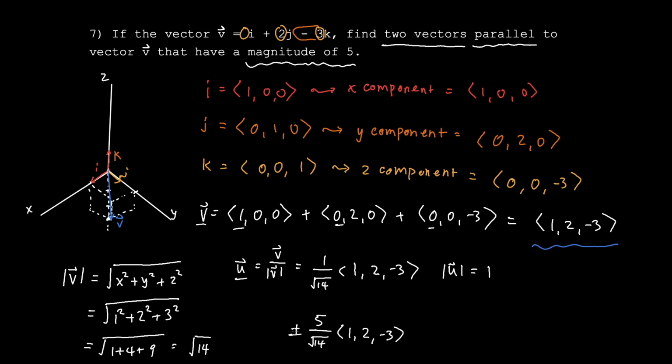So by putting the plus or minus sign, we're saying that the vector 5 over the square root of 14 times the vector 1, 2, negative 3 is parallel to the vector 1, 2, negative 3. Notice that the answer and the original vector have the same direction, only one is multiplied by a scalar, and that is what makes it parallel to the vector v.